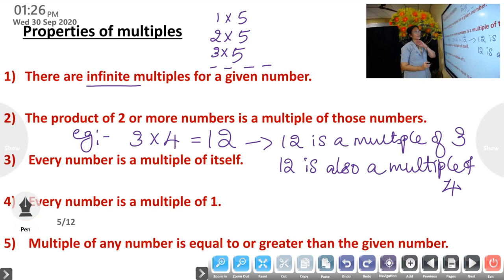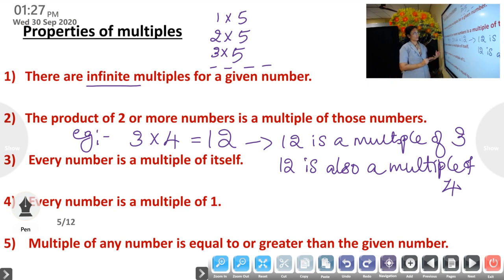I think that is clear. The product of two or more numbers will be a multiple of those numbers. So 12 will be a multiple of 3, 12 will be a multiple of 4 also. This is an example.